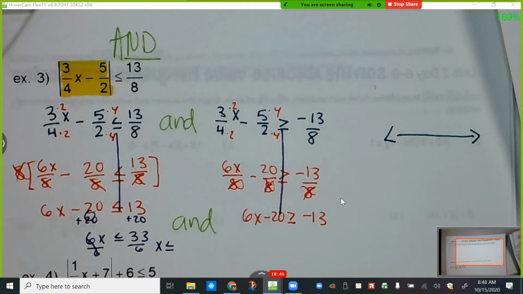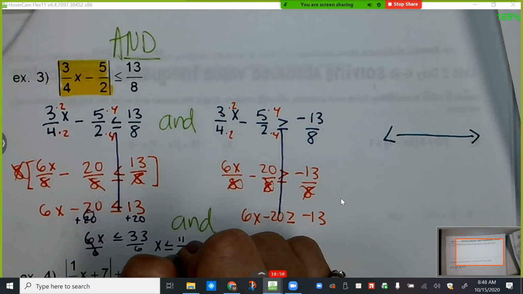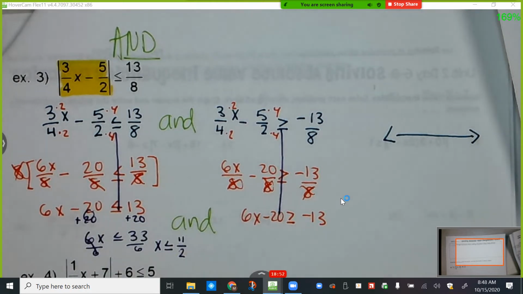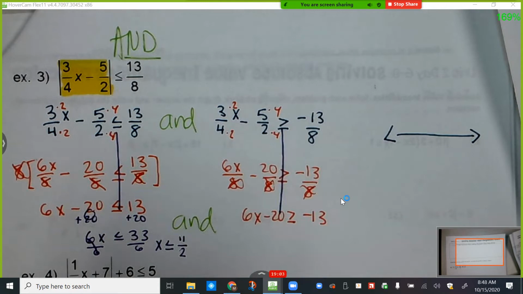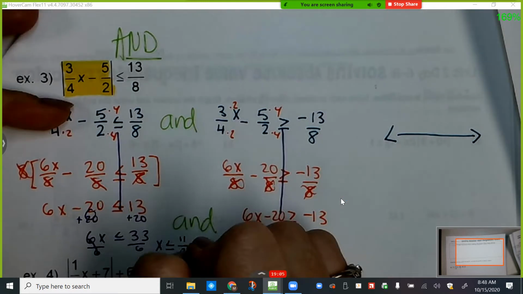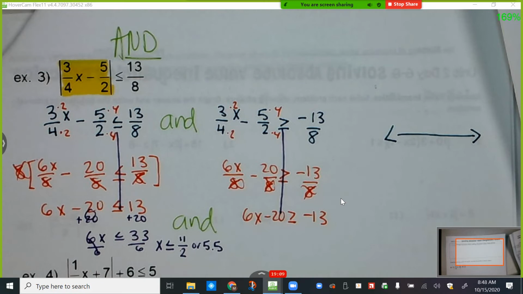How many times does 3 go into 33? 11. How many times does it go into 6? 2. Okay, so there's our fraction. Goodness. Okay, now could I have done 33 divided by, not 0.33, 33 divided by 6, and it gives me 5.5. So is that a pretty enough decimal? I don't mind which one you use, if it's a pretty decimal.